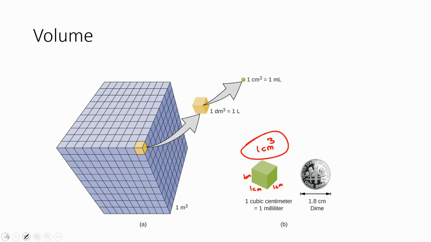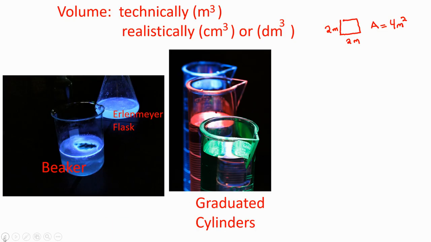Okay. In our particular class, technically, the SI derived unit for volume is a meter cubed. But that's a really, really large volume. It takes up a lot of space. And so it's more common for us to use things like the centimeter cubed or the decimeter cubed. These two actually have very common different names that you're familiar with.